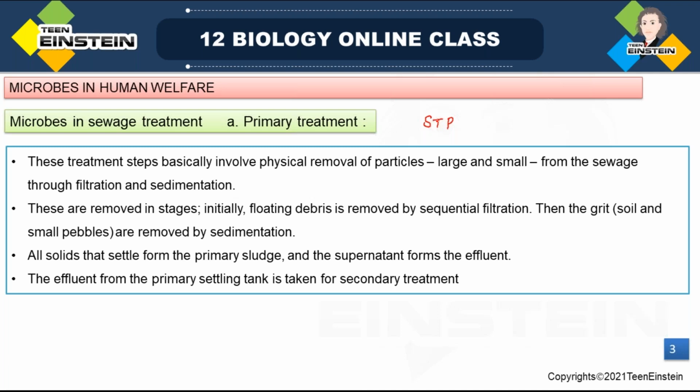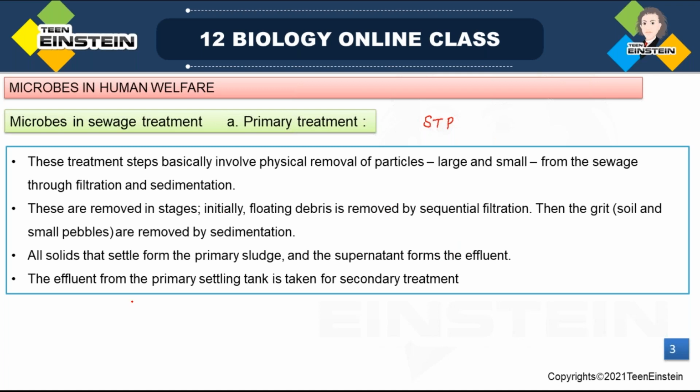So how is the treatment of wastewater done? The treatment of wastewater is done with the help of heterotrophic microbes which are naturally present. Okay, microbes which are naturally present in that sewage. With the help of these heterotrophic microbes, this treatment is done, and sewage treatment takes place in two steps.